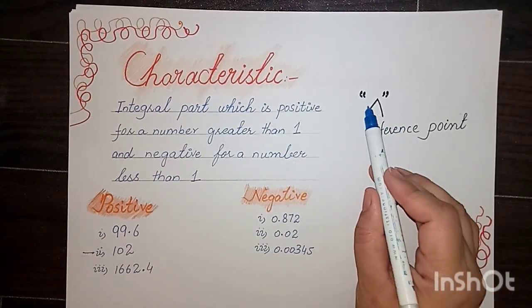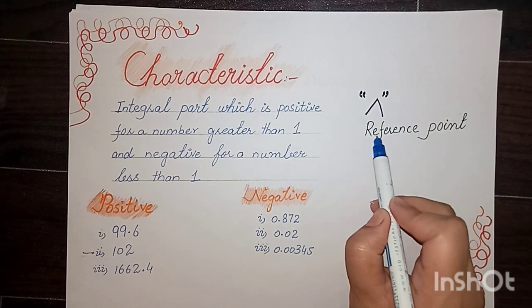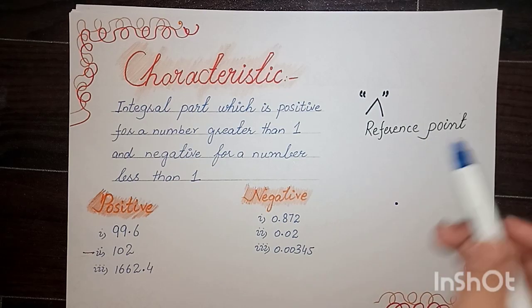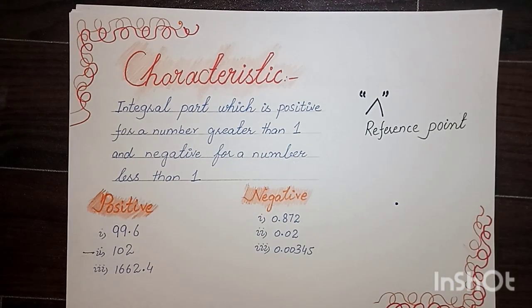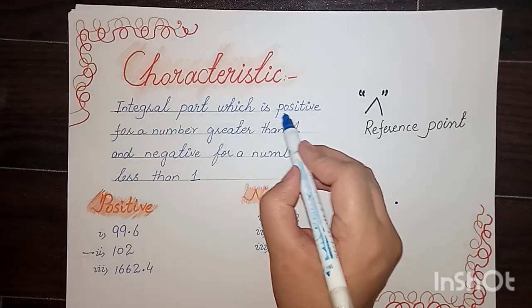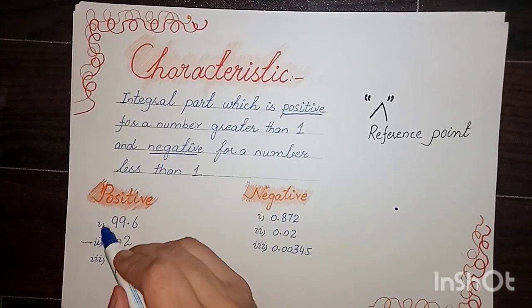The main thing of the characteristic is its reference point. How will we draw the reference point? The second thing is that the characteristic has a positive or negative sign.